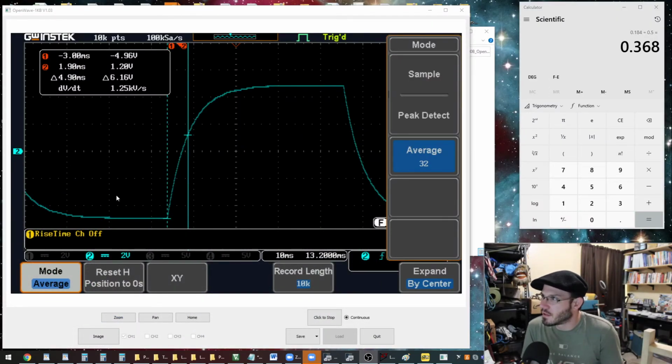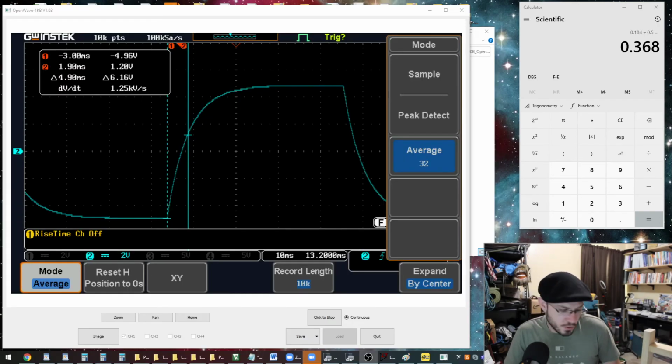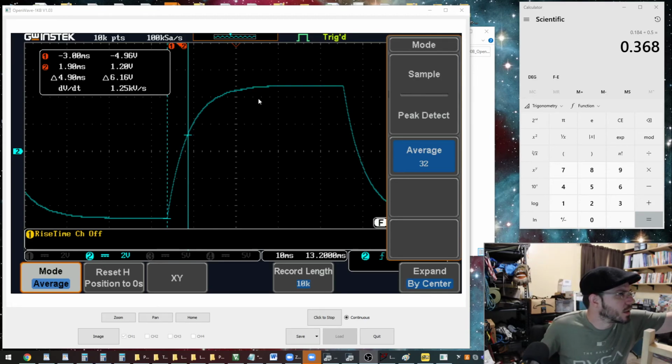But yes, how long does it take for this to fully charge? Well, going by our RC time constant, universal time constant chart, 23.5 milliseconds. So let's go to 23.5 milliseconds over here.